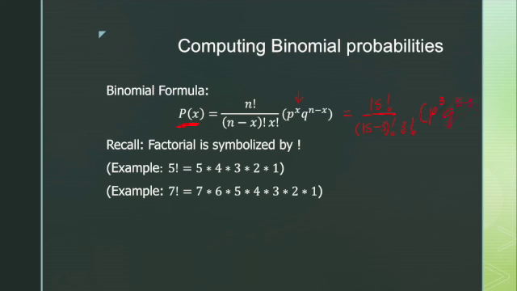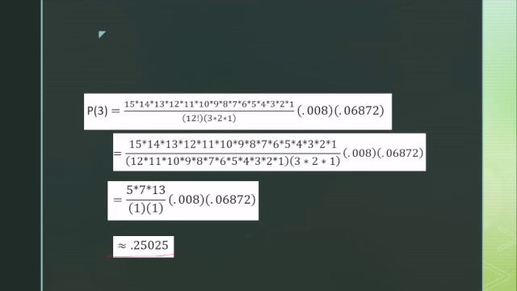So I have 15 factorial over 12 factorial over 3 factorial times 0.20 cubed, 0.80 to the 12th. If I go through all that calculation, I get P of 3 is 0.25025.